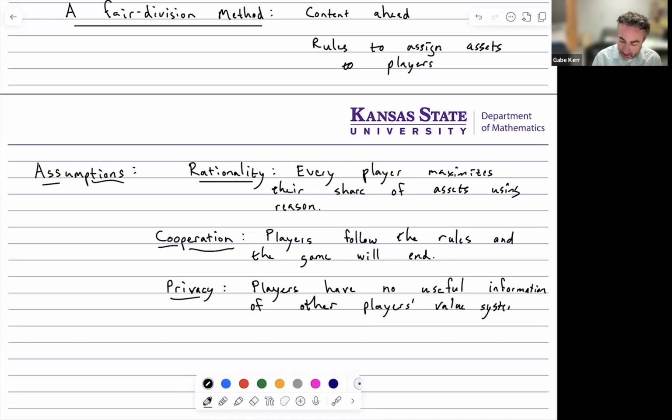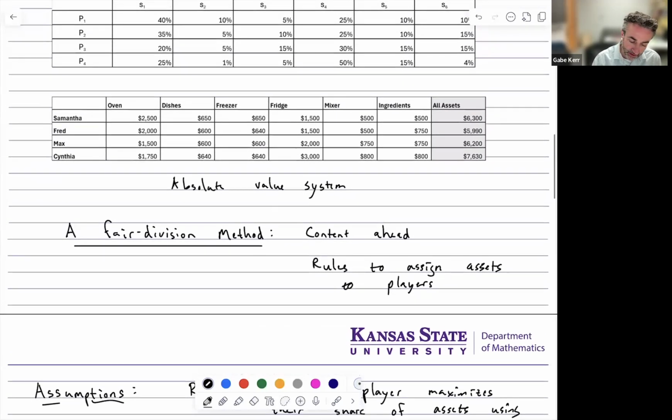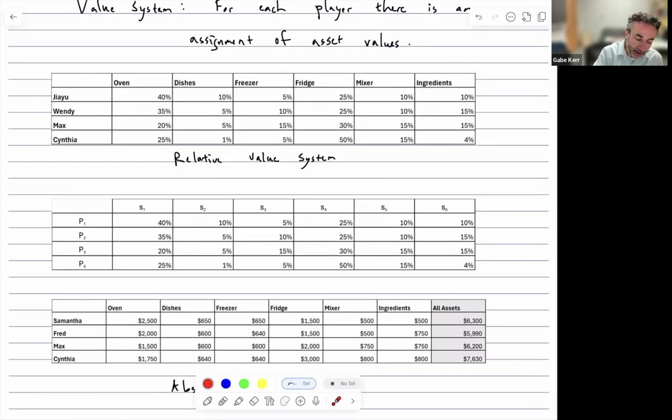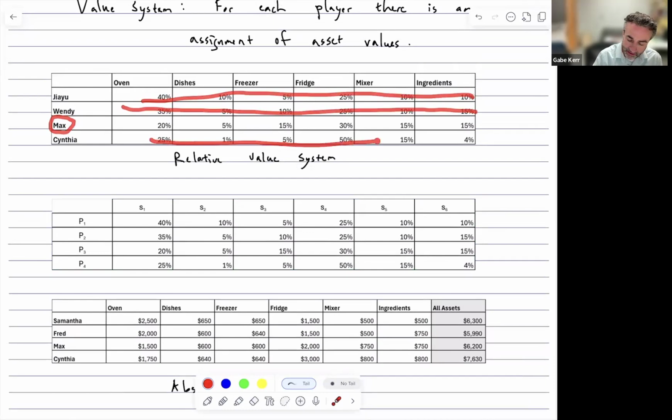If we look back here, say we have one of these relative value systems illustrated in this table. And if I'm Max here, then all I see is my row. In other words, I don't really know what Cynthia, Jayu, or Wendy think of any of these assets.